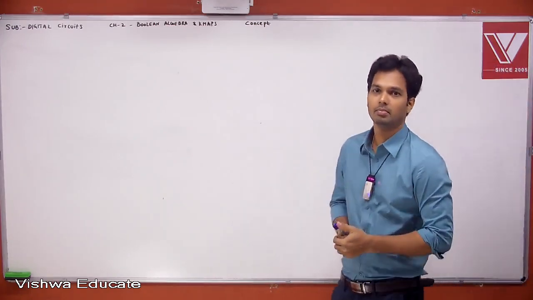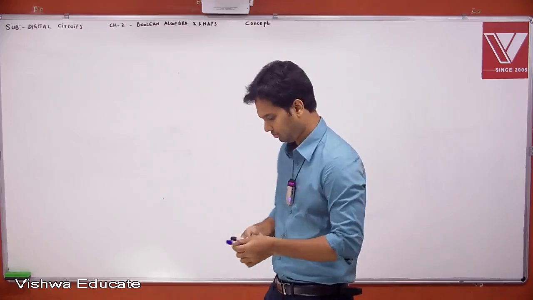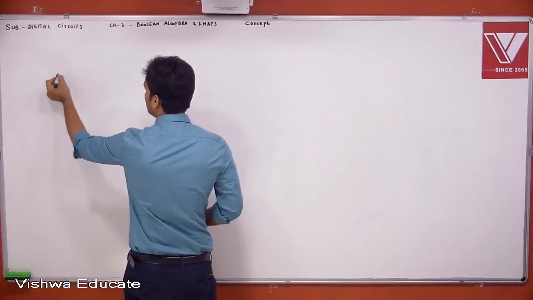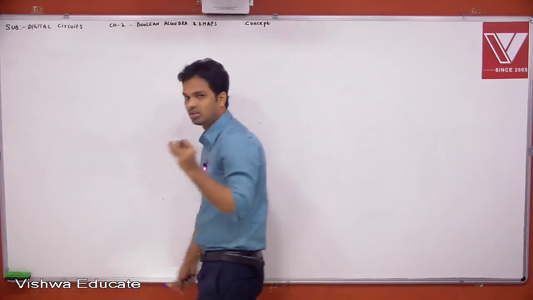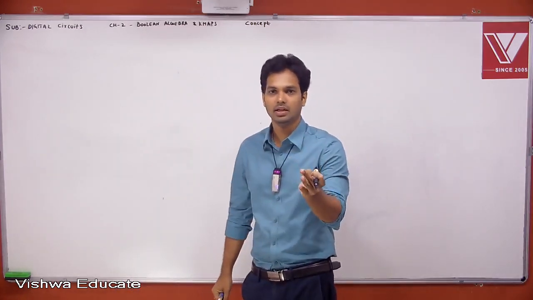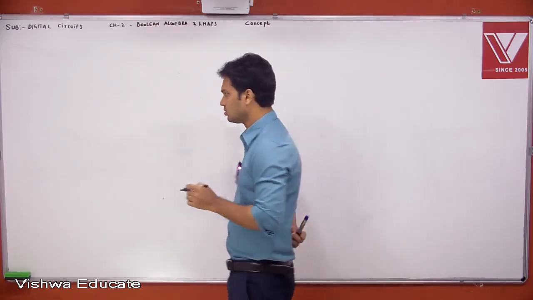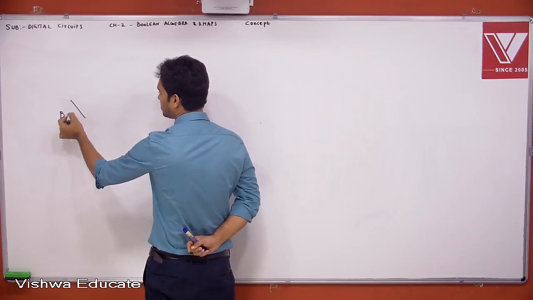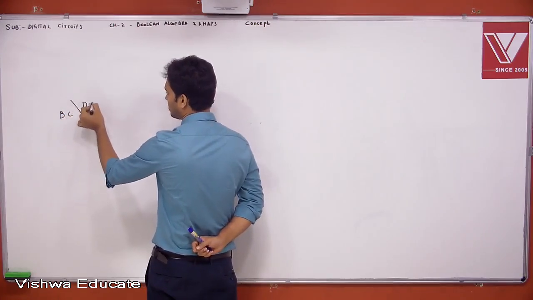5 variable K-map. See here. Here we have 5 variables, for example, A, B, C, D, E. Here also we take a 4 variable K-map only for the last 4 variables, that is B, C, D, E for example.